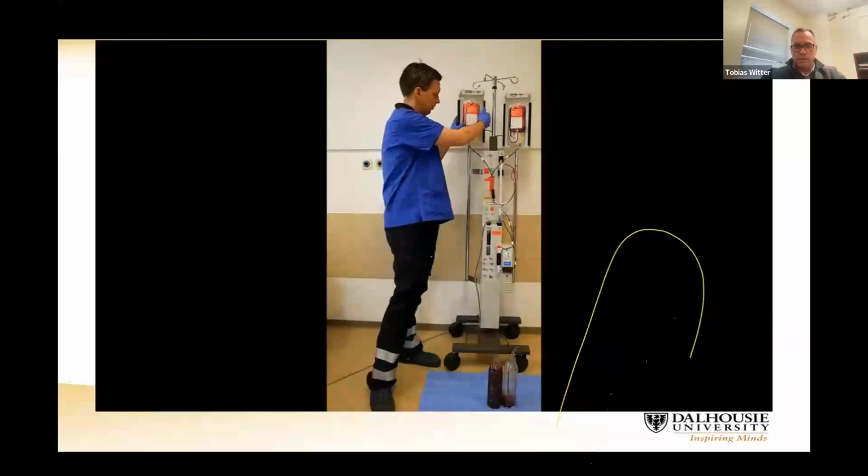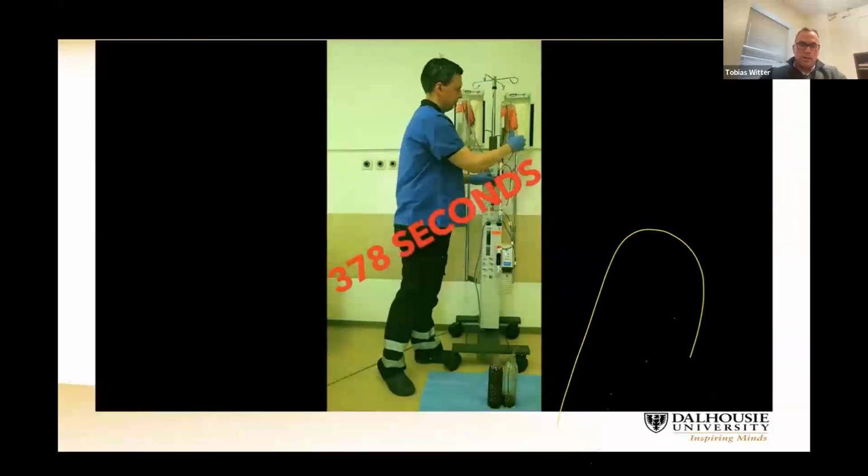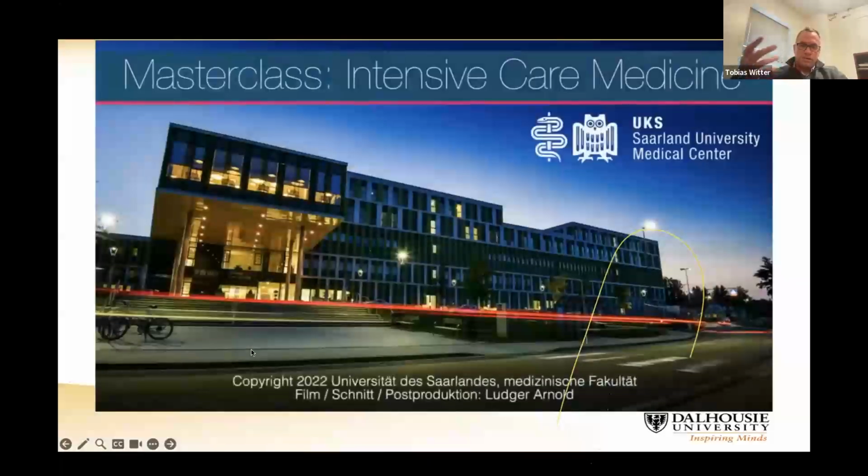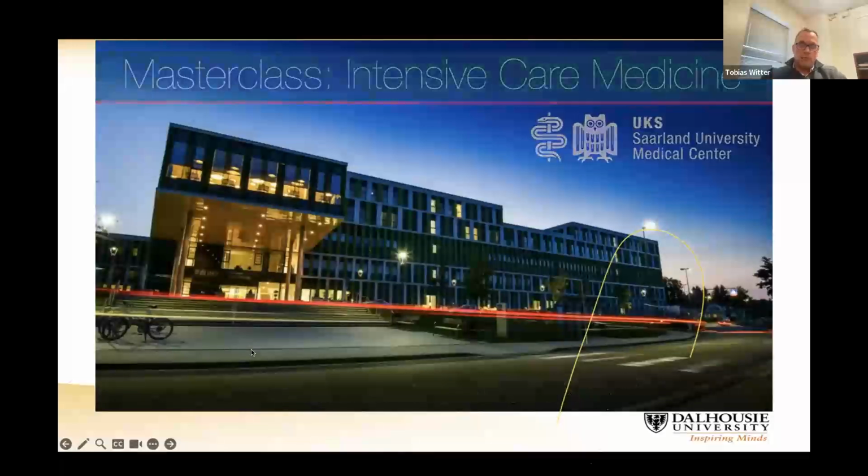Check the blood bags that it is the right blood for the right patient, and so on and so forth. So again, this is a resource intense scenario, and if you are in that situation that you have to run massive transfusion with a Level 1 or Belmont device, then you need people to operate that thing so you can deal with other tasks.